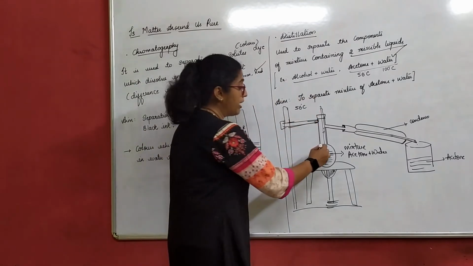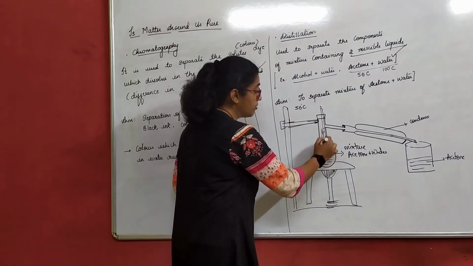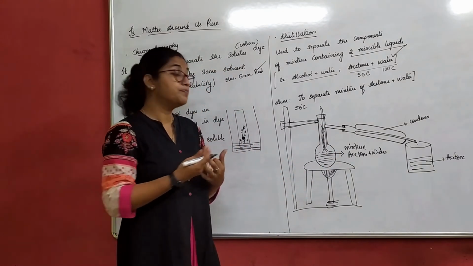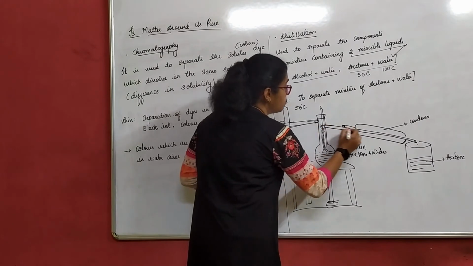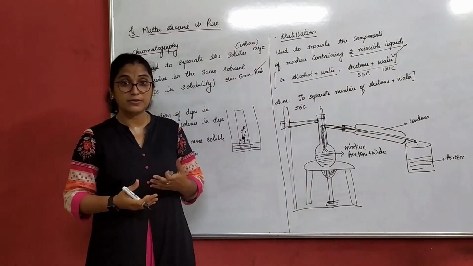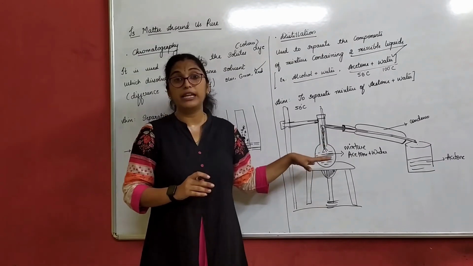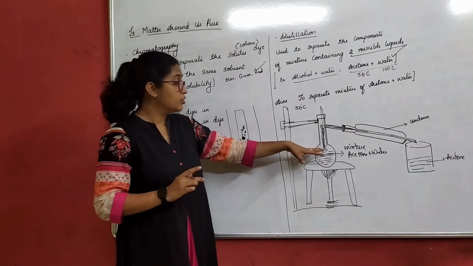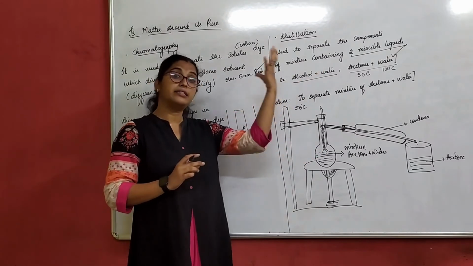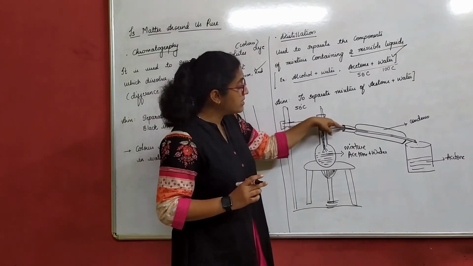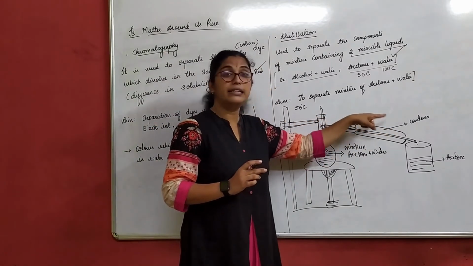If it starts boiling, it will start giving out vapors. Now what will happen to these vapors of acetone? They will start moving through the distillating column, that is through the condenser, right? Water is not boiling until that point of time because water boils at 100 degrees Celsius. So when acetone boils at 56 degrees Celsius, the vapors which move here start collecting in this condenser.